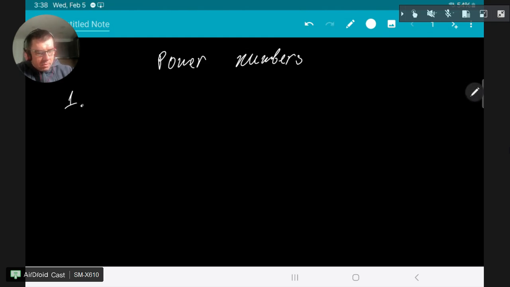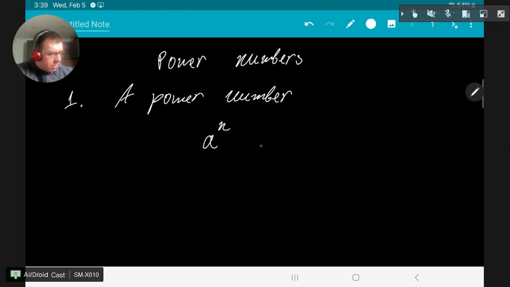First, what is a power number? A power number is a number of the type a to the power of n, where a is different from 0 and n belongs to the set of integers.